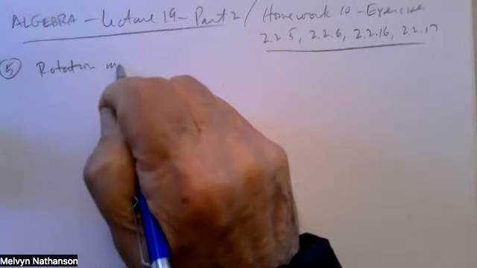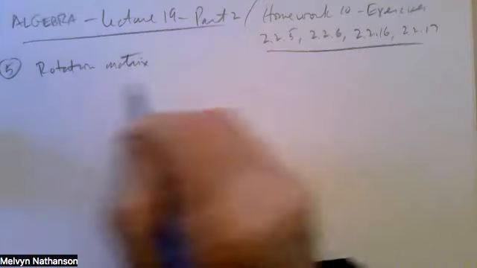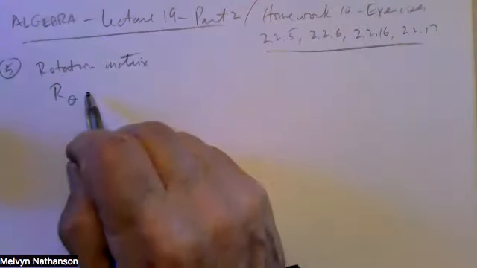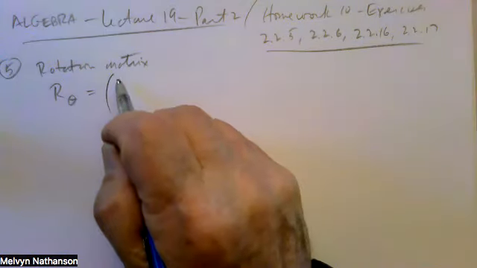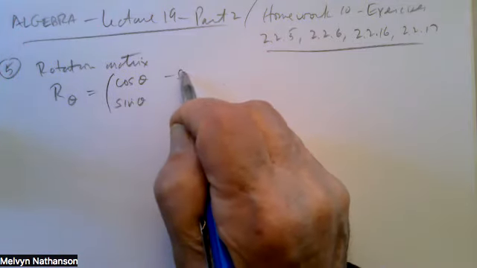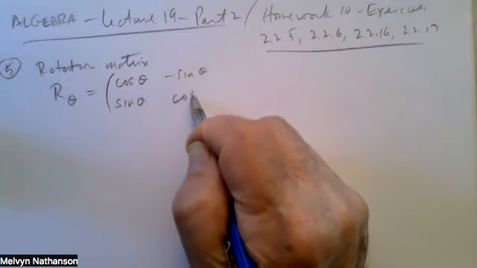the rotation matrix, R theta, which is a 2 by 2 matrix: cosine theta, sine theta, minus sine theta, cosine theta.